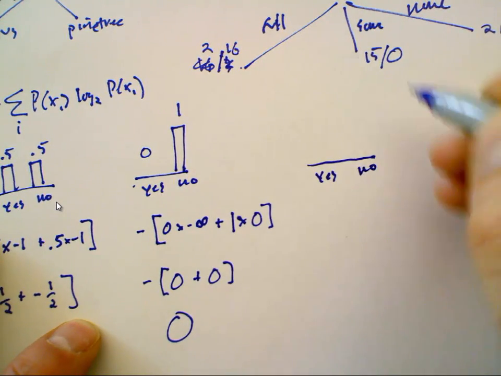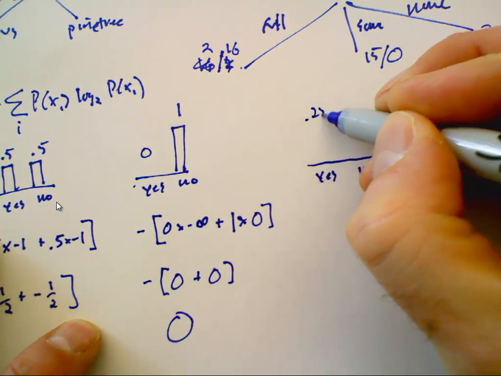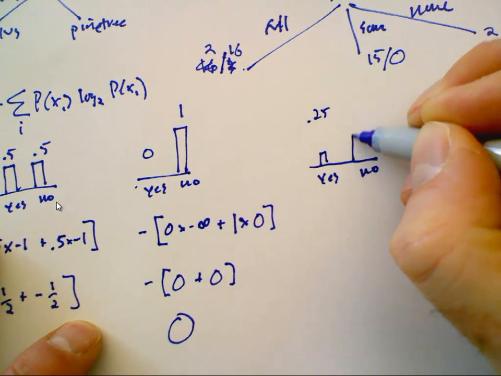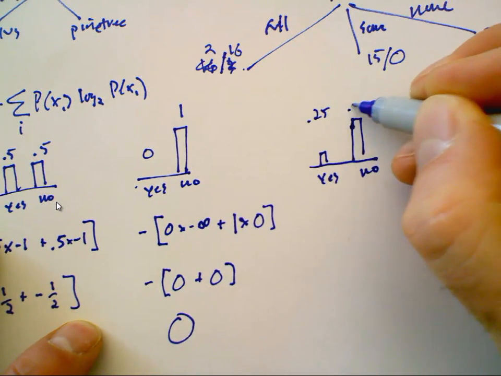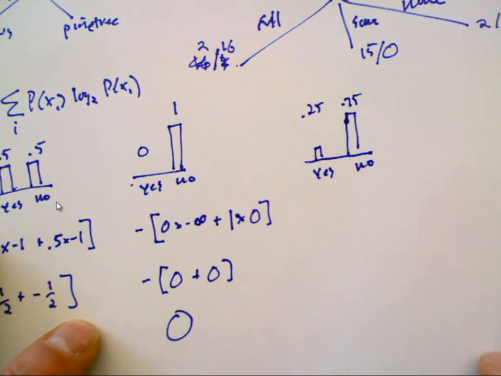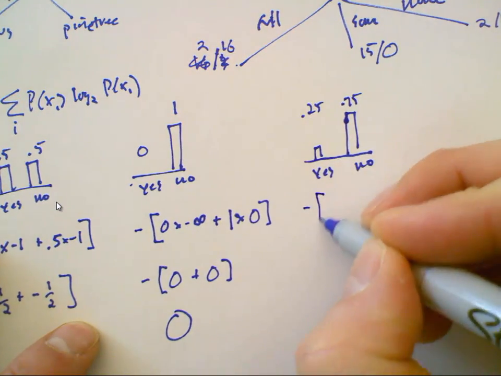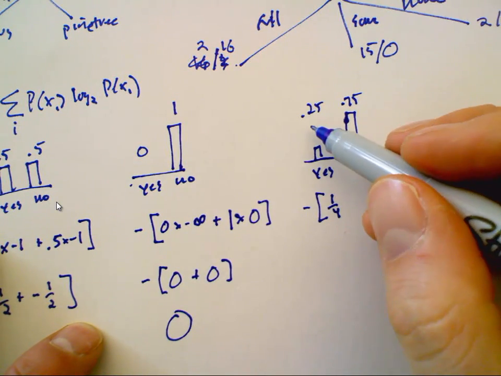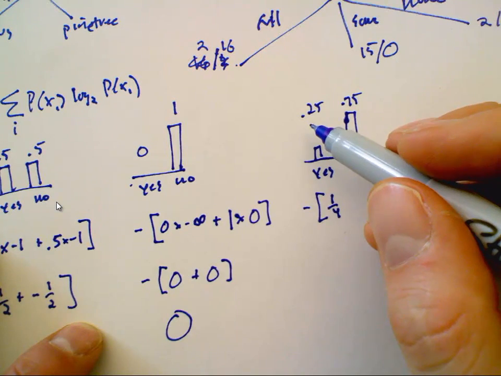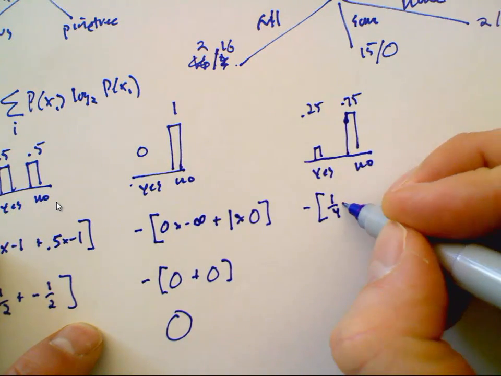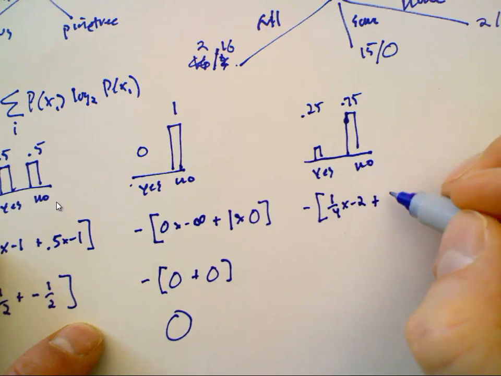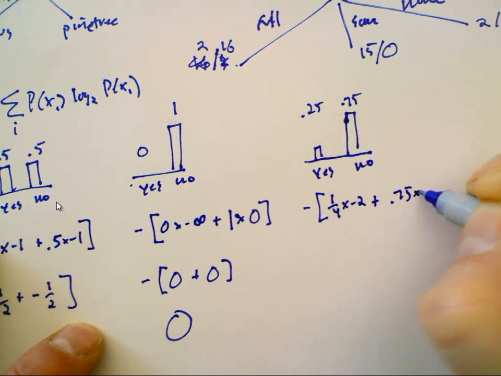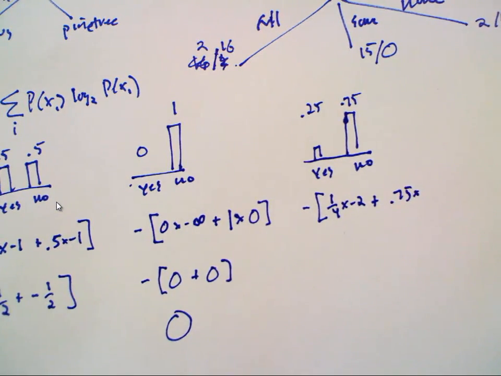So let's say you've got a 0.25 chance of saying yes, and I guess that leaves us with a 3/4 chance of saying no. So here we've got 1/4 times the log base 2 of 1/4, which is -2, plus 0.75 times the log base 2 of 0.75.